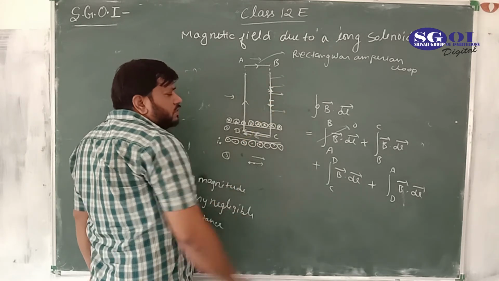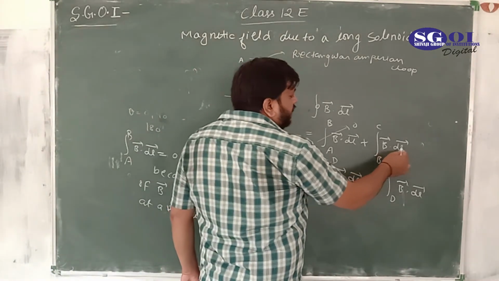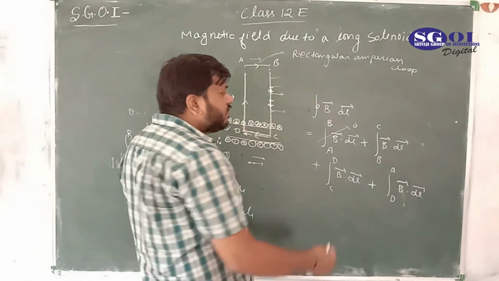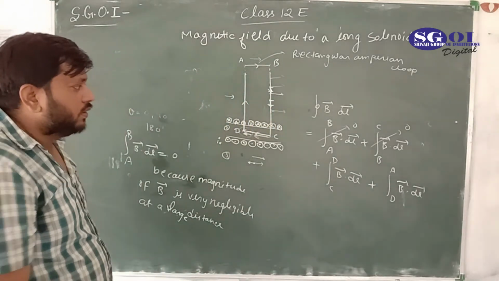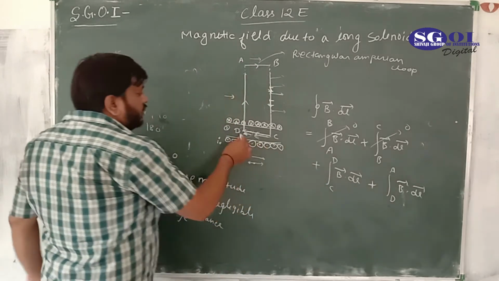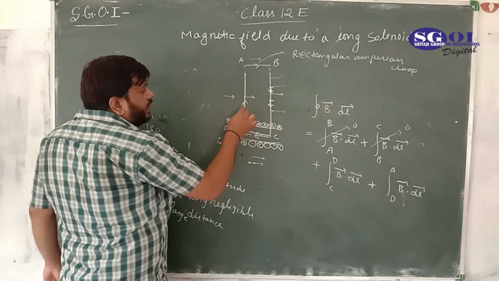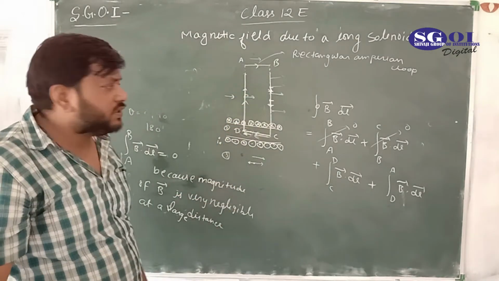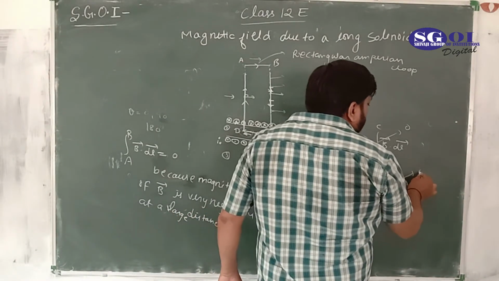So the angle between dl and magnetic field is 90, and we know that B dot dl is B dl cos theta, and cos 90 is 0. The angle between dl and B is again 90 for D to A, so it would also be equal to 0.